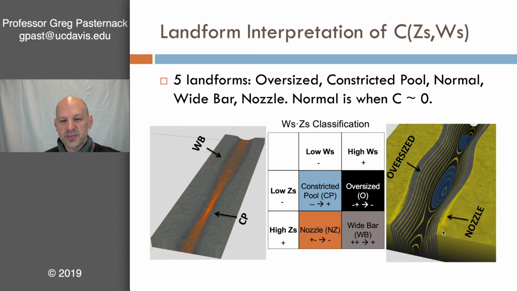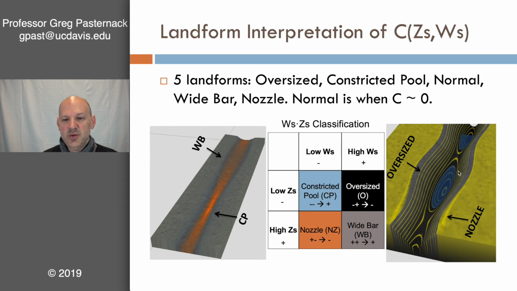Let's start over here. If the bed is high, that means depth is low. The bed is high and it's narrow, we have a nozzle. So we get high and narrow, or high and low. So we have a positive value and a negative value, which means that when you multiply them together for covariance, you get a negative value.